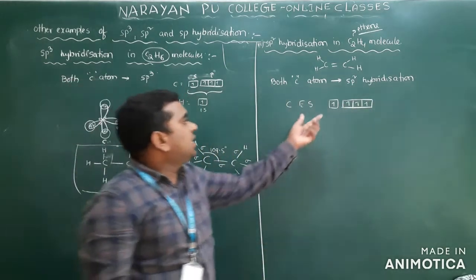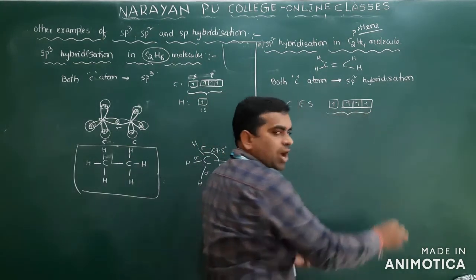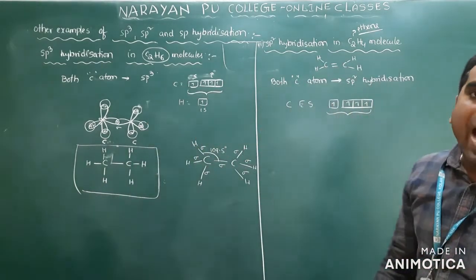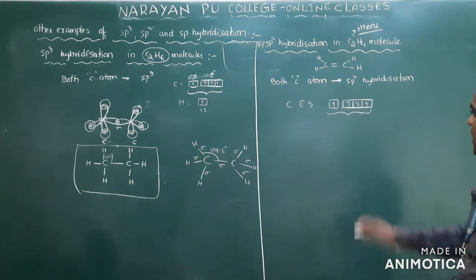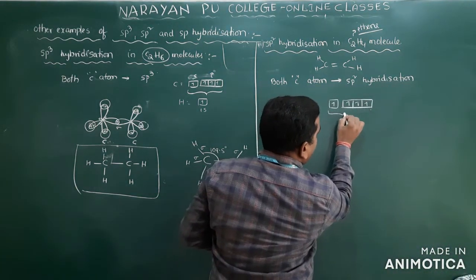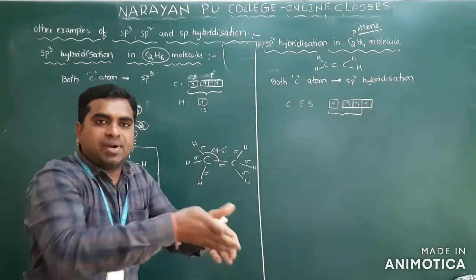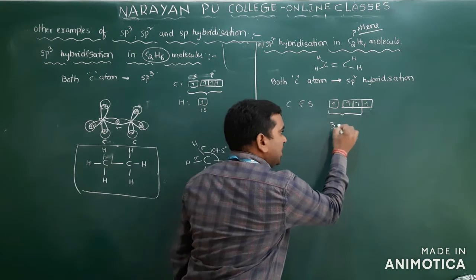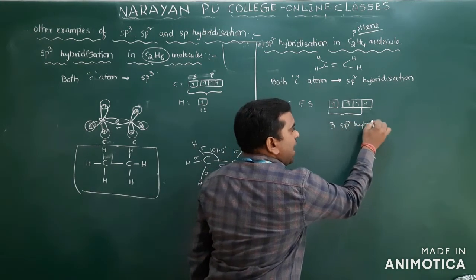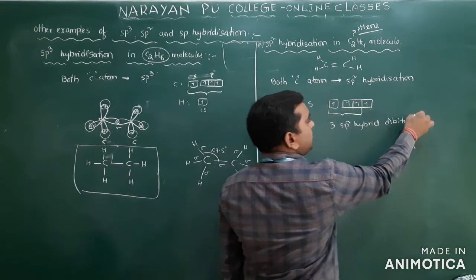You may ask, sir, already 4 electrons are there, and these 4 electrons would undergo hybridization to form 4 hybrid orbitals. But I said sp2 hybridization means 1s and 2p orbitals are involved in the hybridization and form 3 sp2 hybrid orbitals.